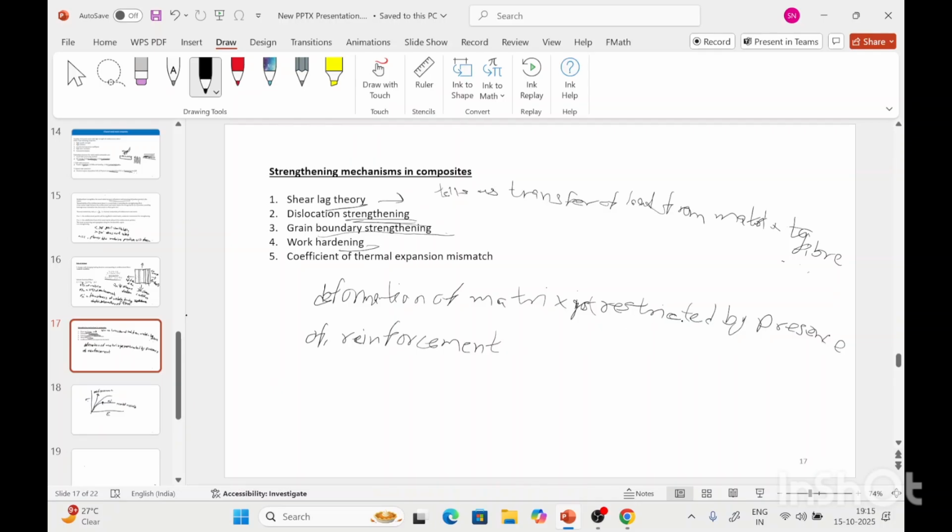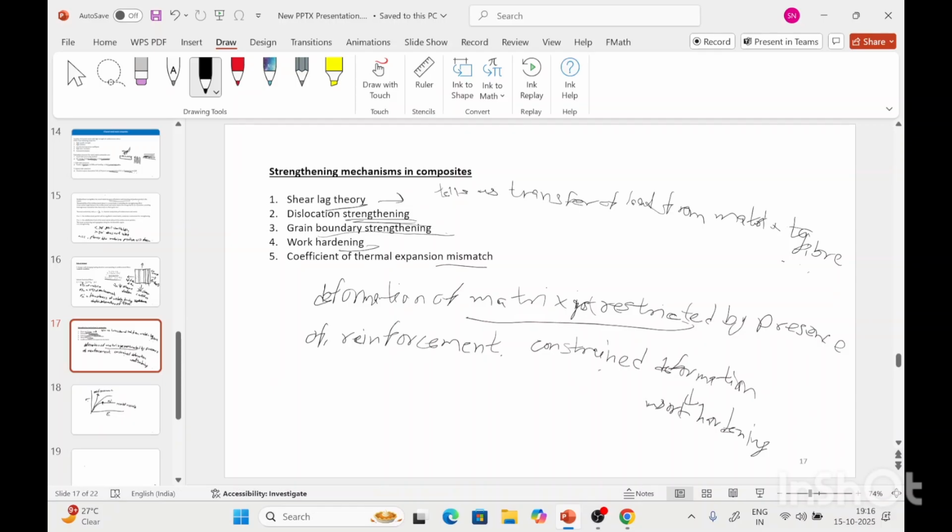This restriction of the deformation of the matrix will lead to constrained deformation. This constrained deformation of the matrix will result in work hardening of the composite. And due to this constrained deformation, the dislocation density will increase very significantly, so that will improve the strength of the composite.